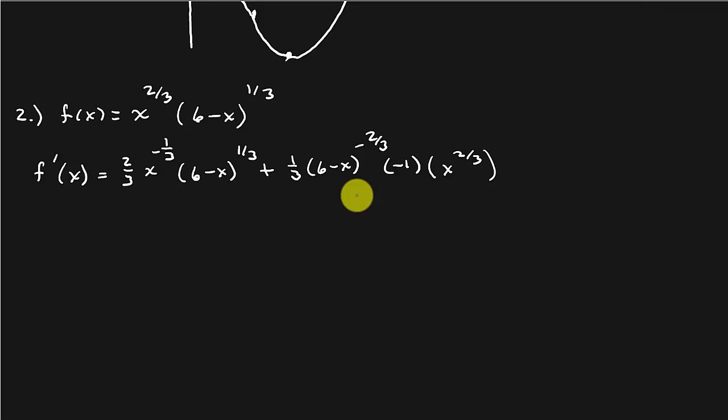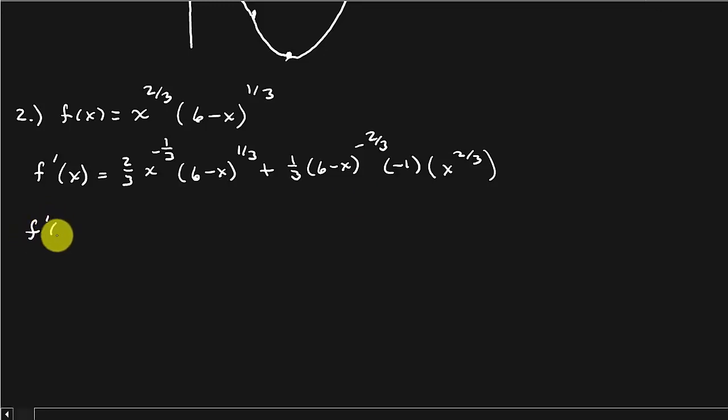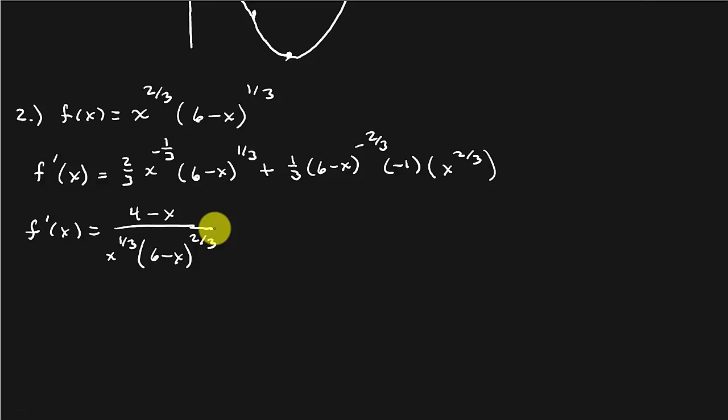And so after you do all that, you end up with the first derivative being 4 minus x over x to the 1/3 times 6 minus x to the 2/3. That's what you should get for your derivative. And that's good practice for you also.